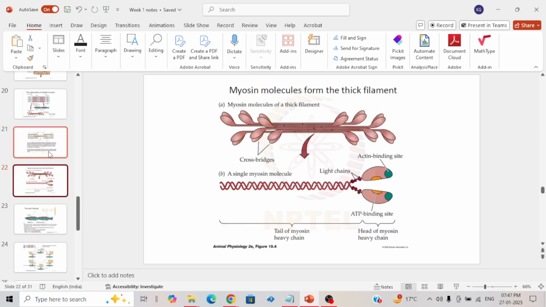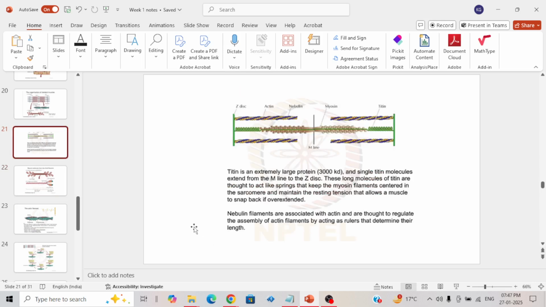Okay, one more thing that I forgot to ask you guys. What is this protein present in the Z disc or Z line? It's a very important protein. If anyone can tell me, what is the protein that forms the Z disc or Z line?